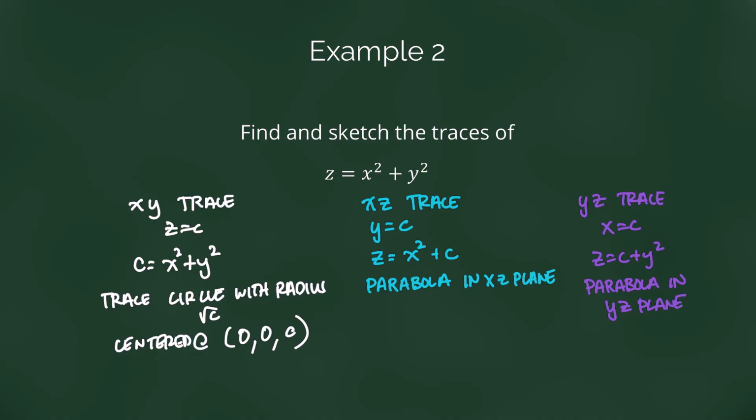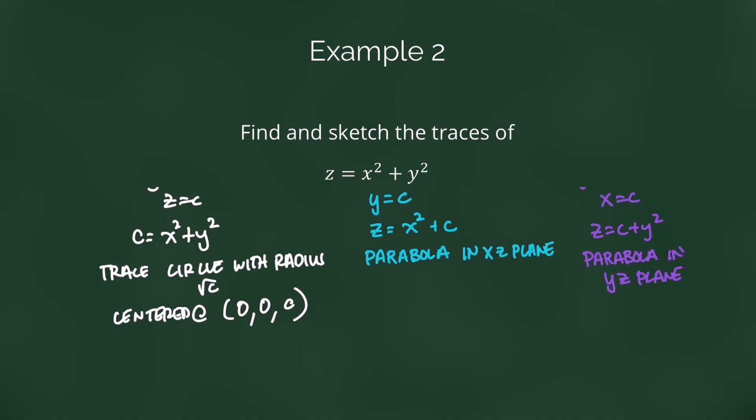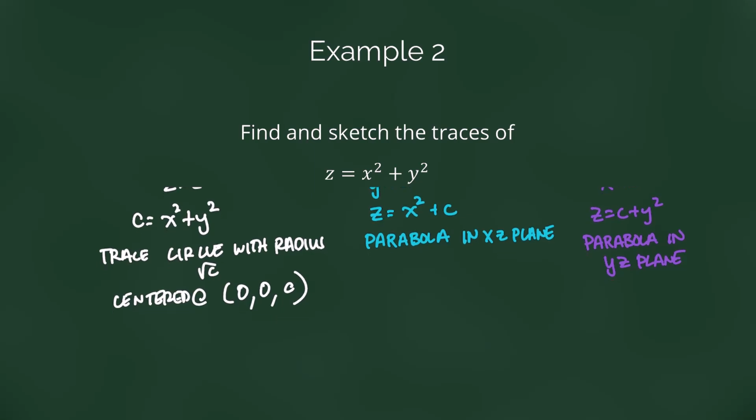I'm going to do my best to sketch each of these. So in this one here, if we have x, y, and z, we've got a circle of radius c. So each trace is going to look something like that, where imagine, I can't draw it very well.